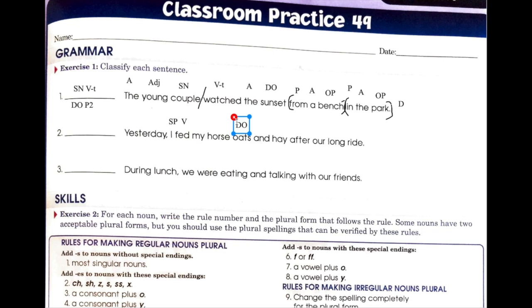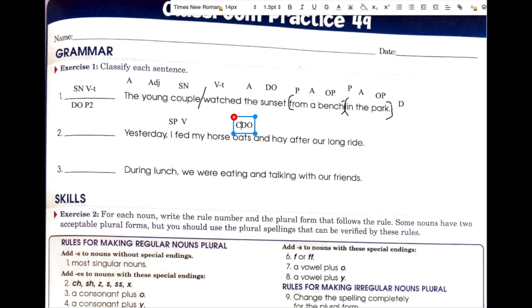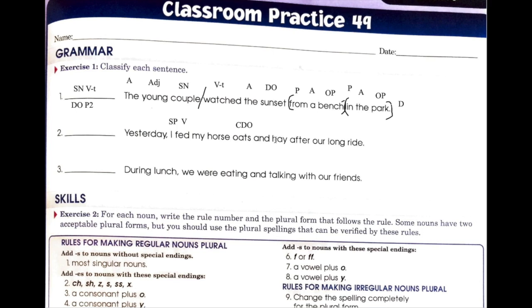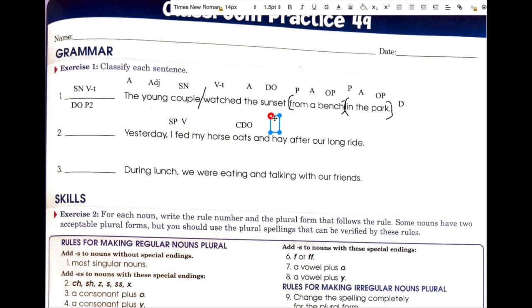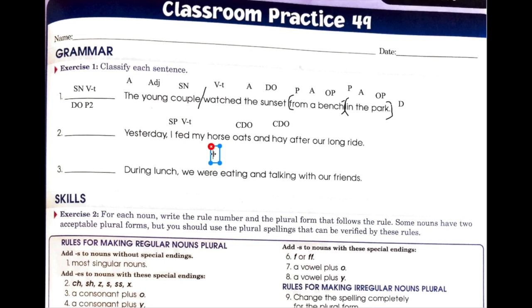Oh, I'm sorry. It's actually a compound direct object. How did I miss that? Because it's oats and hay. So we have a compound direct object here. And we need to make this verb a verb transitive. I fed oats and hay to what? Horse.